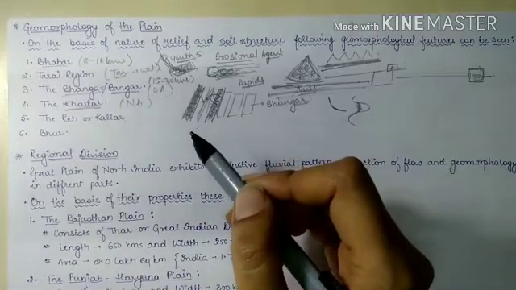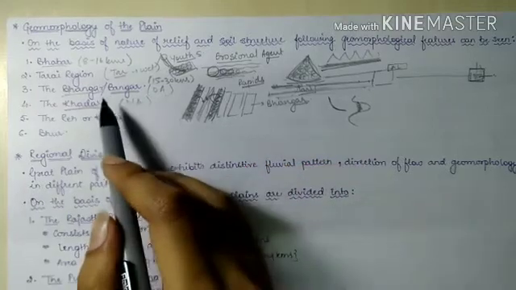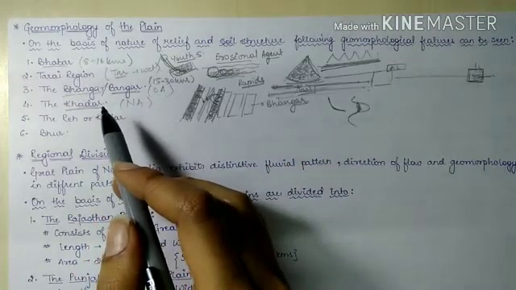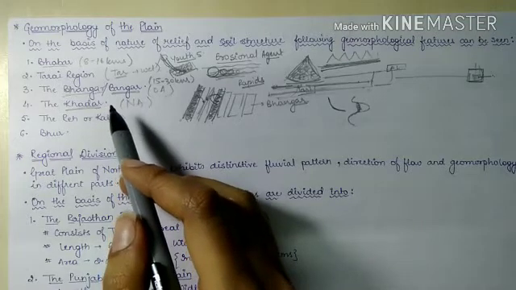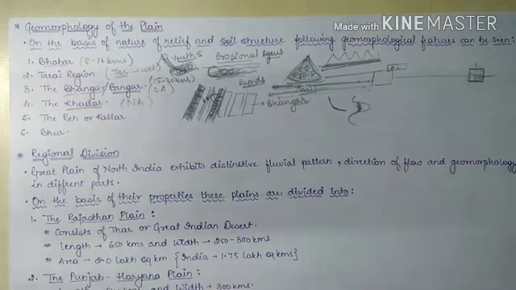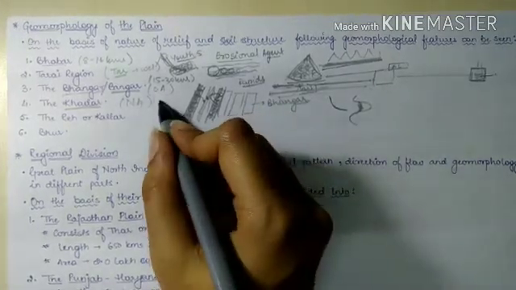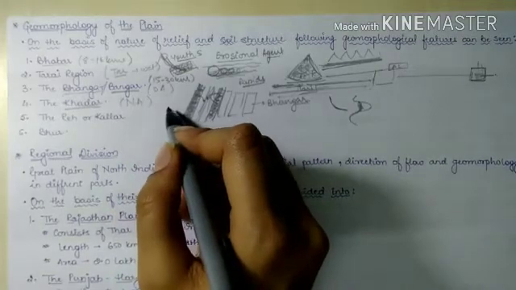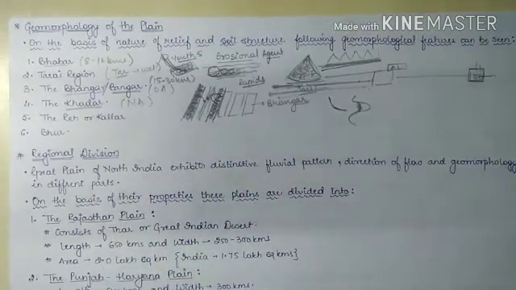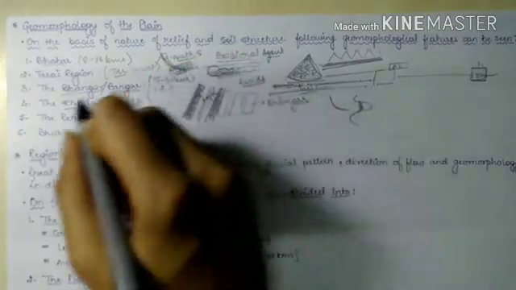The next is khadar, which is a very fertile region. We have clay and organic remnants. Clay is less in khadar, but the organic remnants are present in them.